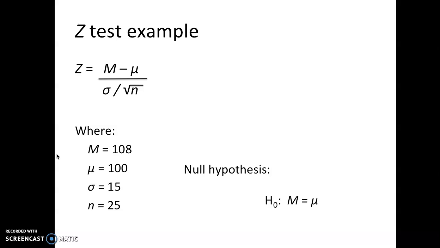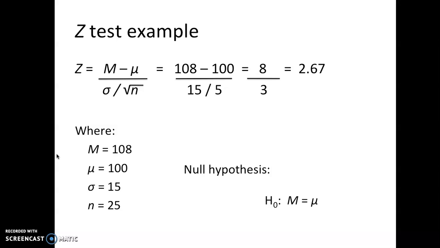We can start by plugging in our values and start reducing. You'll see that we are left with the z obtained of 2.67. Next, we need to determine our z critical value.